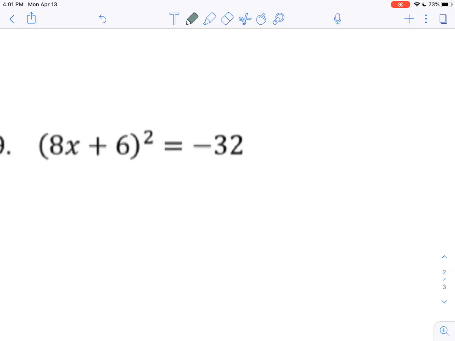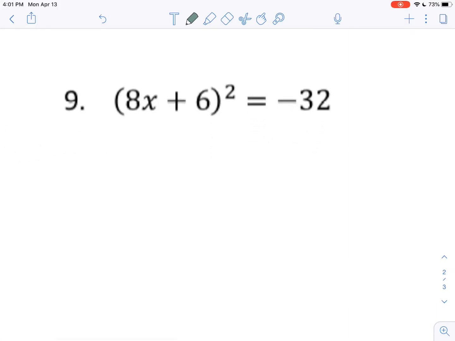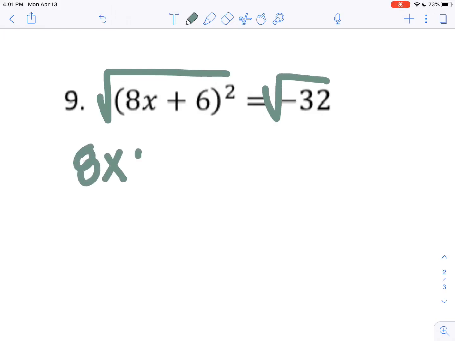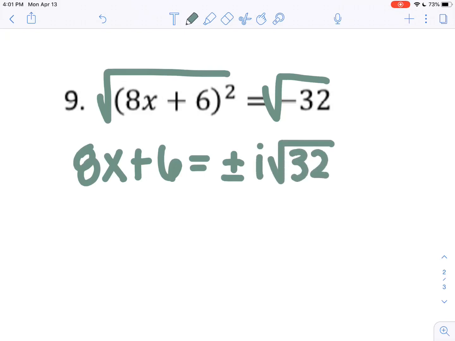And then lastly, number 9. So take the square root of both sides. So I get 8x plus 6 equals plus minus i, the square root of 32, but let's simplify this first before we solve for x.